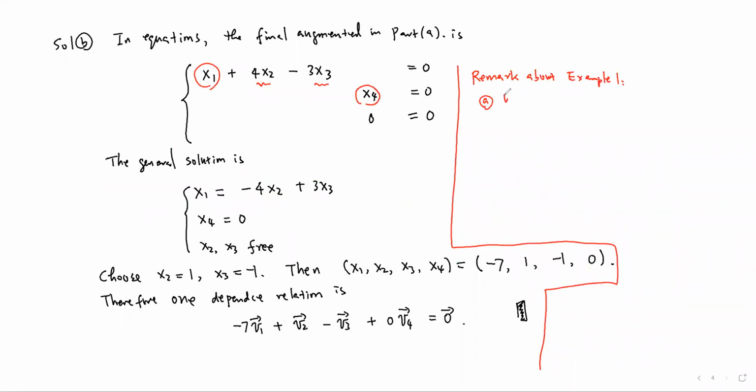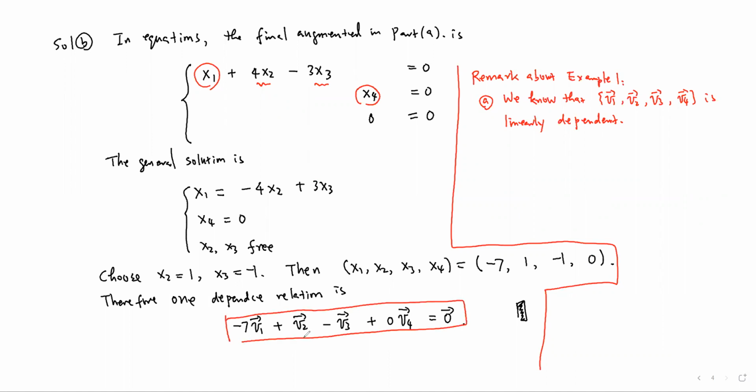From part A, we know that these four vectors are linearly dependent. Okay, now go to this equation.